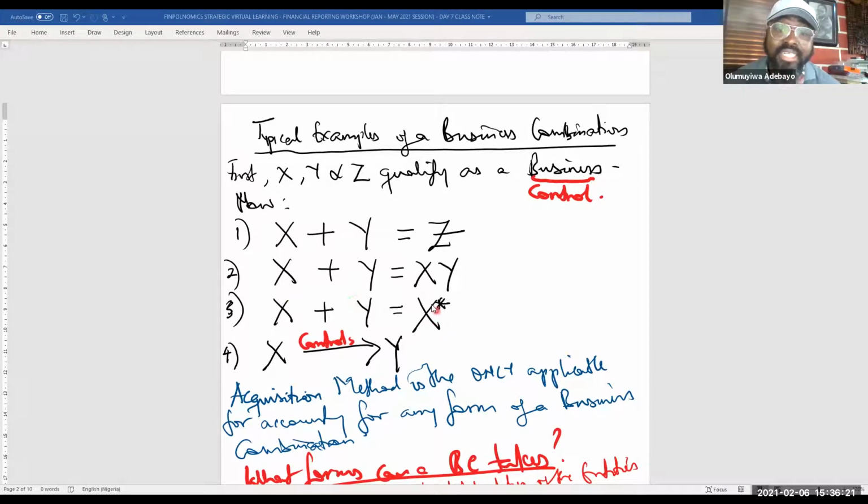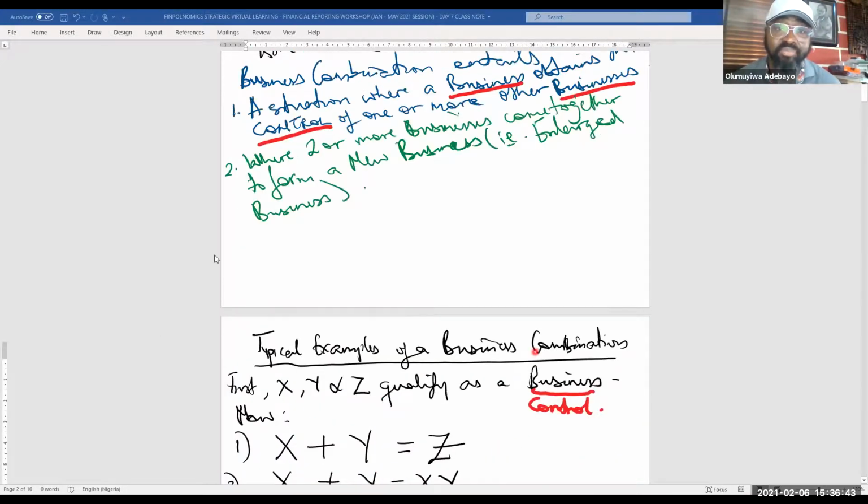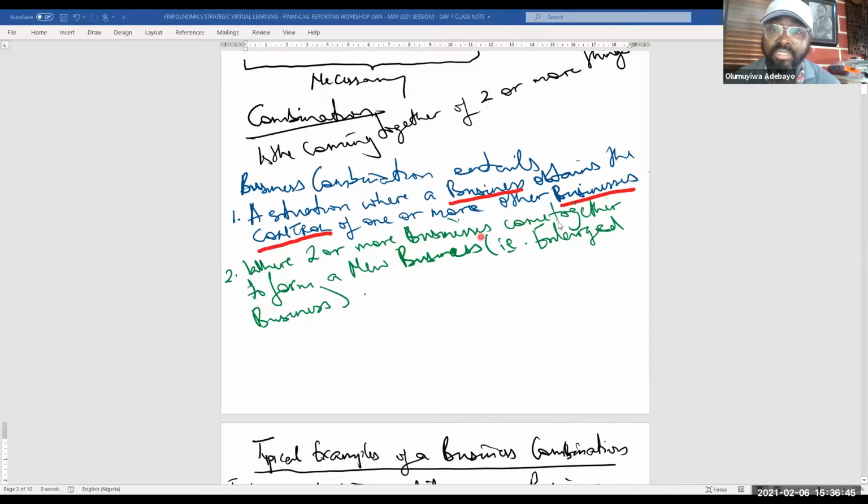Which means the Access you are seeing is not necessarily that same Access here. It's now Access that is pregnant with something. What that means is that this is a new business in principle. That's why if you go back to this definition, where two or more businesses come together to form a new what?